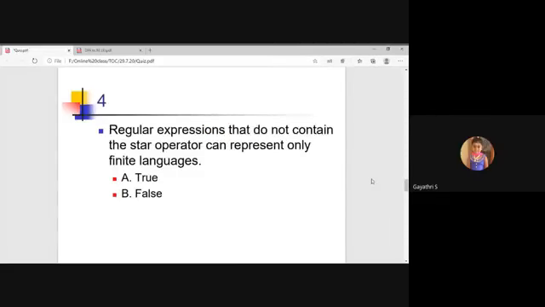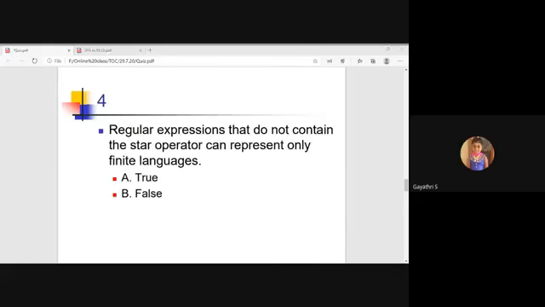Regular expressions that do not contain the star operator can represent only finite languages. Whether it is true or false? Star operator means what? Closure, right?